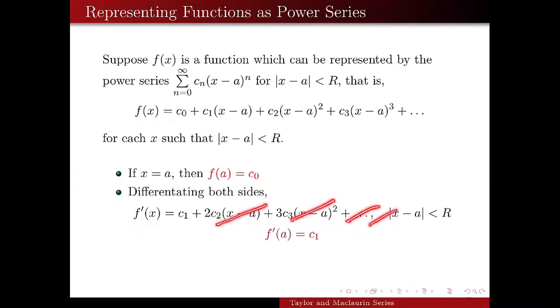Everything else here will disappear. What will remain is this c1. So the derivative of f evaluated at a will just be c1.